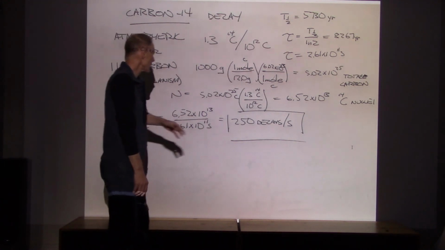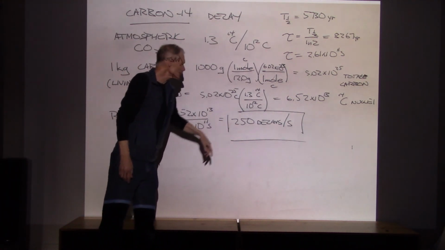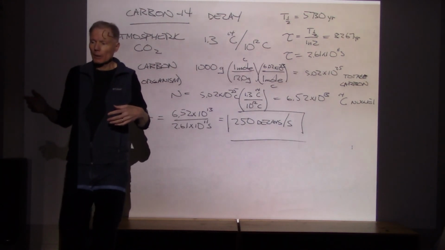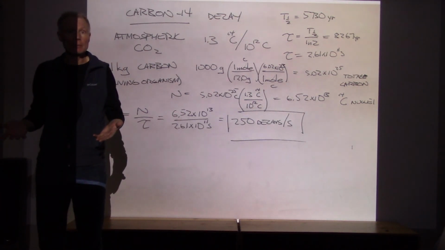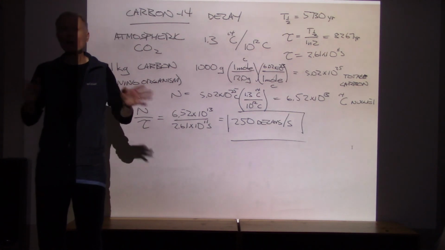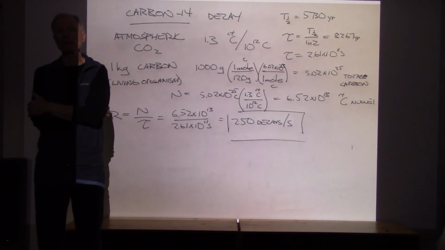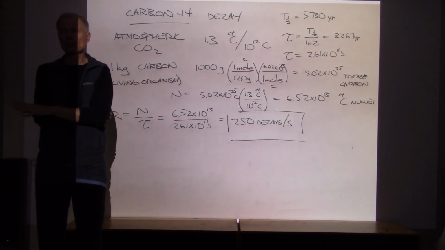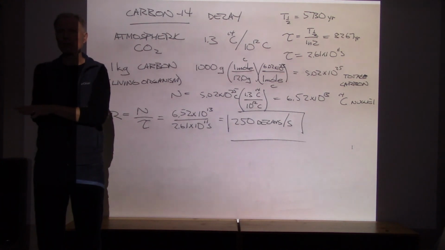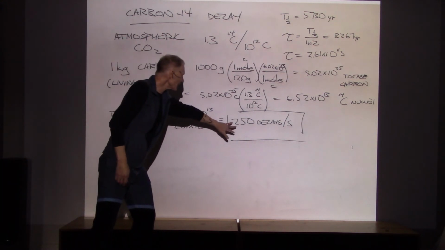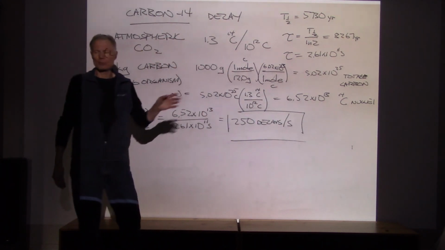So that would say, you know, a typical person has a decay rate from carbon-14 well over 1,000 decays per second. So that would encourage social distancing, right? If everybody around you is radioactive, and they're decaying at rates of thousands of decays a second.